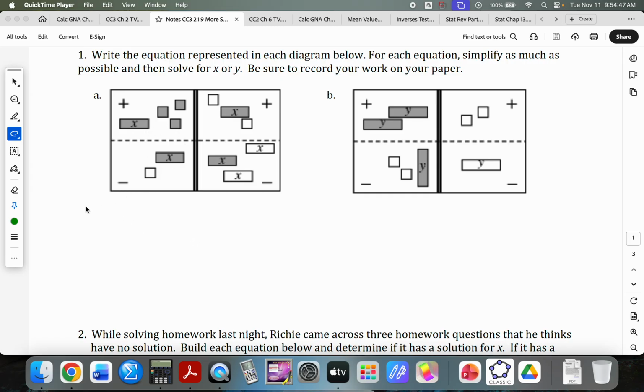So just writing what we see, we've got x plus 3 in the positive region minus, in the negative region, x minus 1 is equal to x minus 2 minus, x minus 2x.